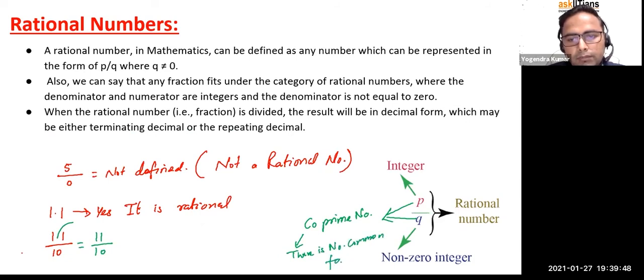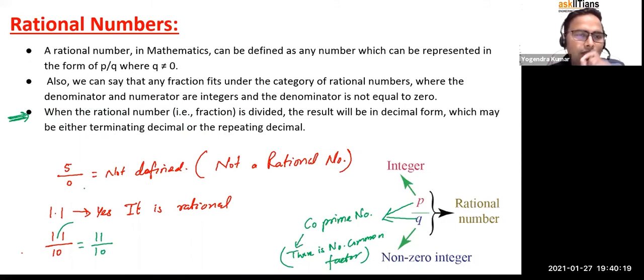This is also an important point. I know it is not mentioned, but you can write it: there should be no common factor. When a rational number is divided, the resultant will be a decimal form, which may be either terminating or repeating decimal. We will come to this point again. I know it might not be making much sense here, but no problem. I'm going to take an example to explain this when we see the decimal expansion. I hope you are getting the idea.